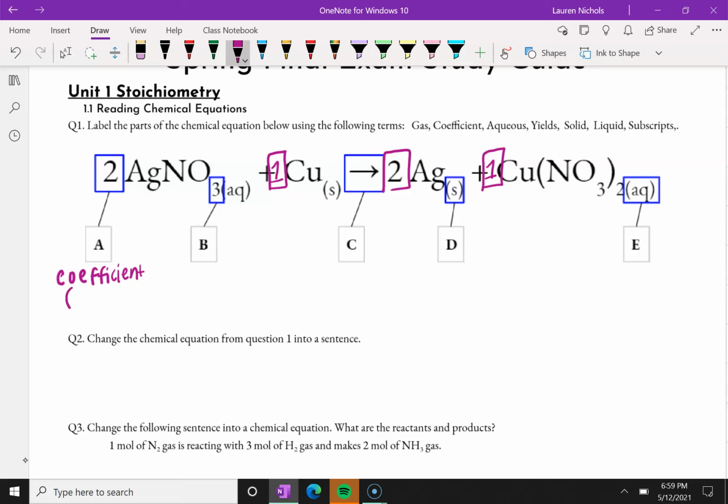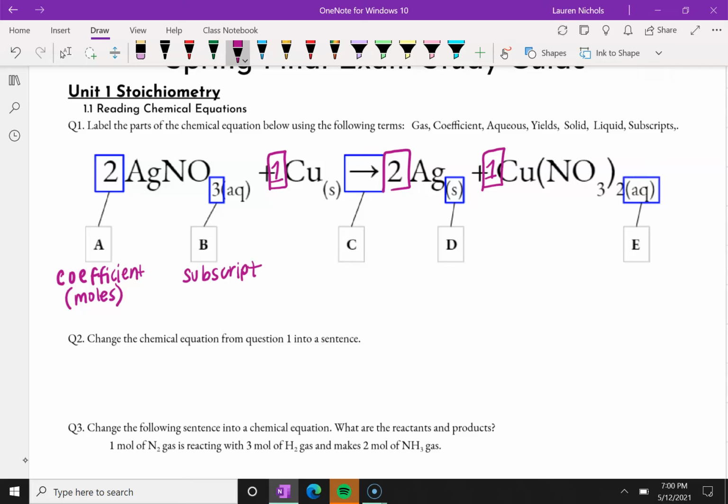Coefficients always represent our moles. So for example, that says 2 moles of silver nitrate, or AgNO3. Now, speaking of that number 3, letter B, that 3 is an example of a subscript. It tells you the number of atoms that there are. And again, if there's no number, it's 1.